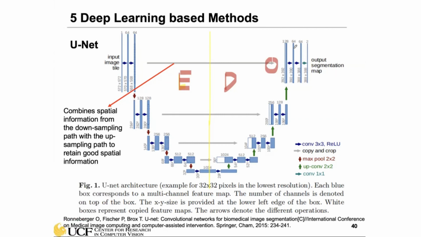Basically, we want to combine the features from the encoder at the decoder stage. The purpose is to combine the spatial information from the downsampling path with the upsampling path to retain good spatial information.